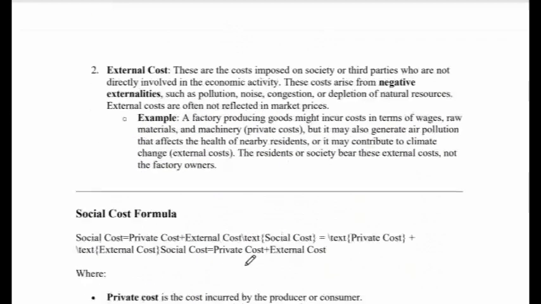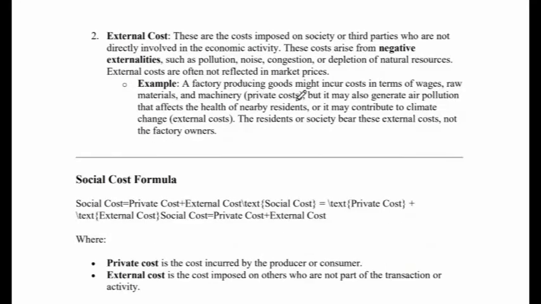For example, a factory producing goods might incur costs in terms of wages, raw materials, and machinery. These are private costs, but it may also generate air pollution that affects the health of nearby residents, or it may contribute to climate change, external costs. The residents or society bear these external costs, not the factory owners.